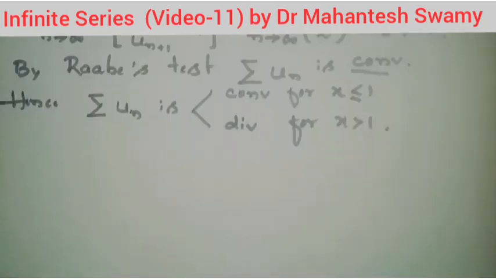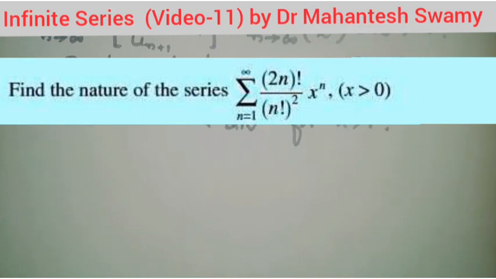Let us consider the next example on a ratio test and a Raabe's test. Here we need to find the nature of the series summation of (2n)! divided by (n!) whole square into x to the power n, where x is given to be greater than 0, that is positive.